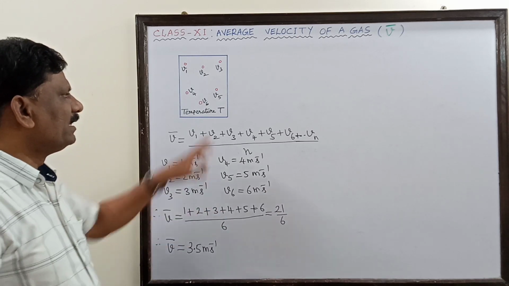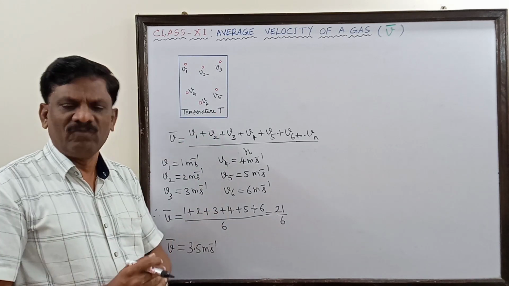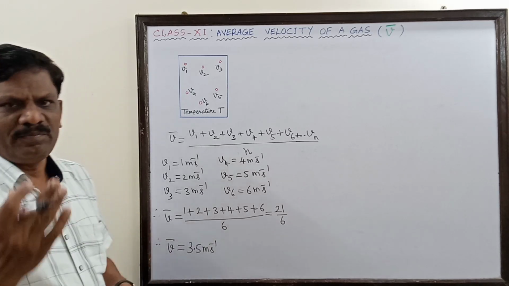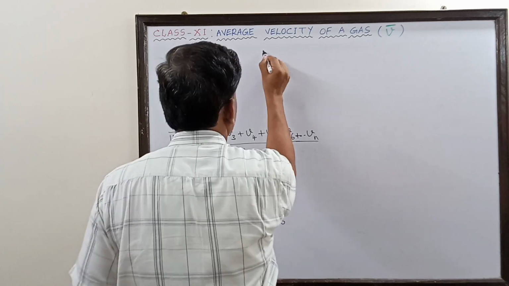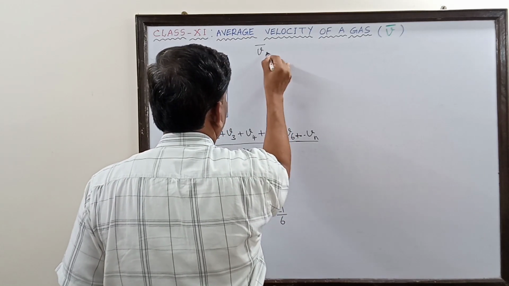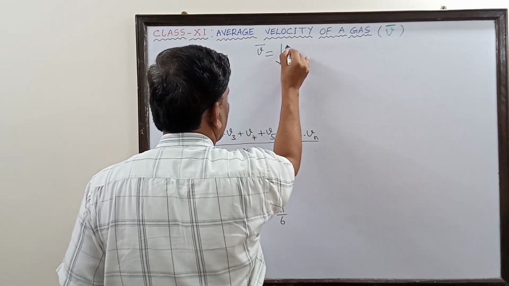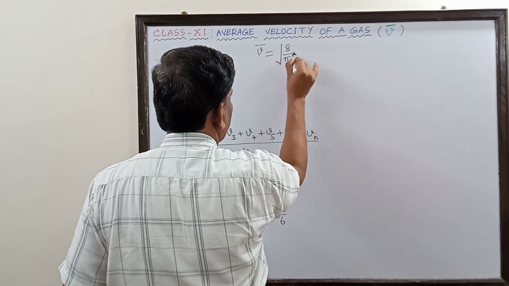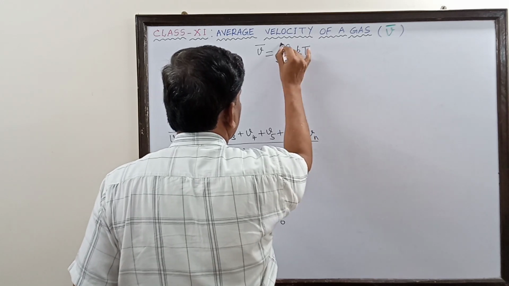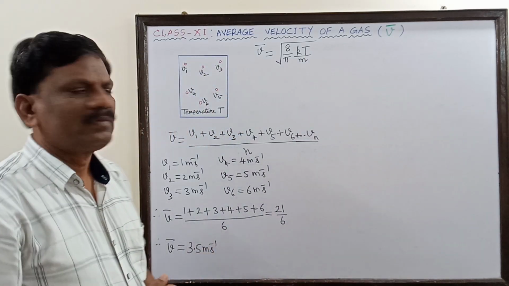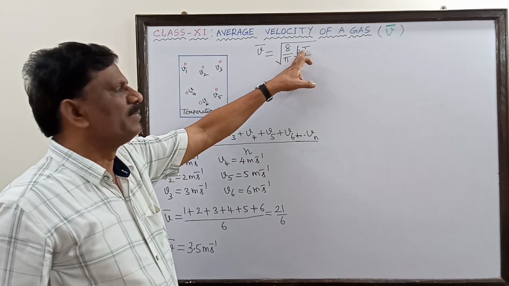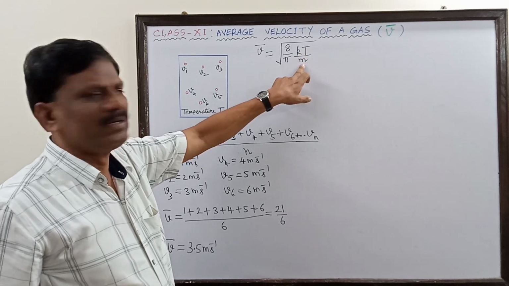But in terms of temperature, pressure, volume and the molecular mass or molar mass, how to find it? There is an expression that V average is equal to square root of 8 kT by pi m, where small m is the mass of one molecule. Whenever I use this Boltzmann constant k, the denominator will be small m.